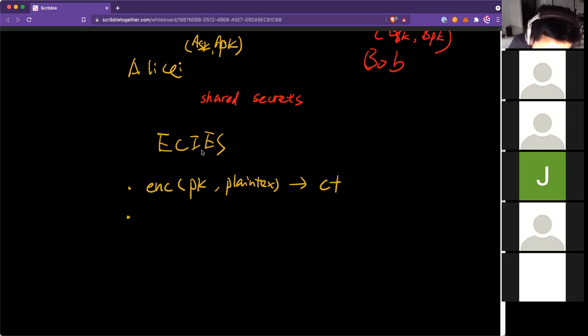And the second thing ECIES does, of course, since this is an encryption scheme, is decrypt. To decrypt, you need to use the corresponding secret key of this PK, with the input of the ciphertext, to get the plain text back.